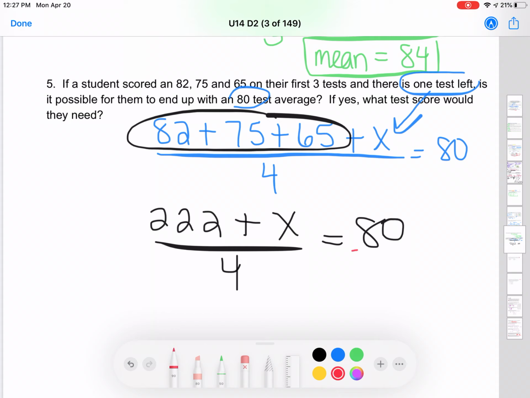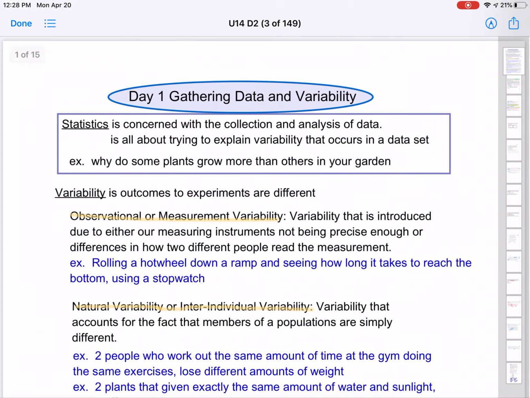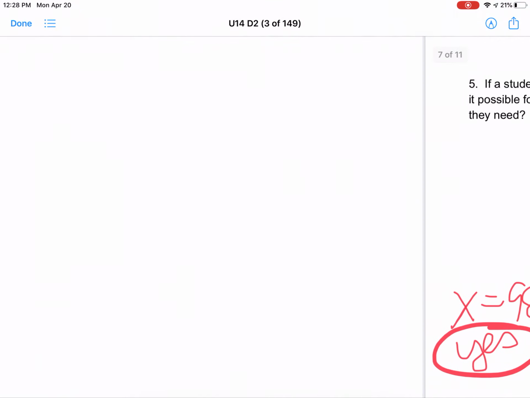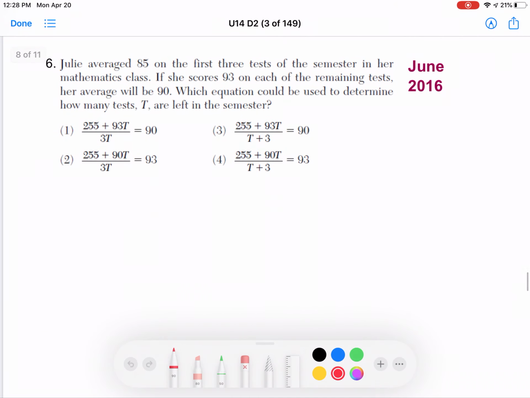And then from here, I think most of us know as well, we would cross multiply and get 222 plus X equals 320. Subtract, and we wind up with 98. So is it possible for them to have that average? Yes. Oh my gosh, okay.